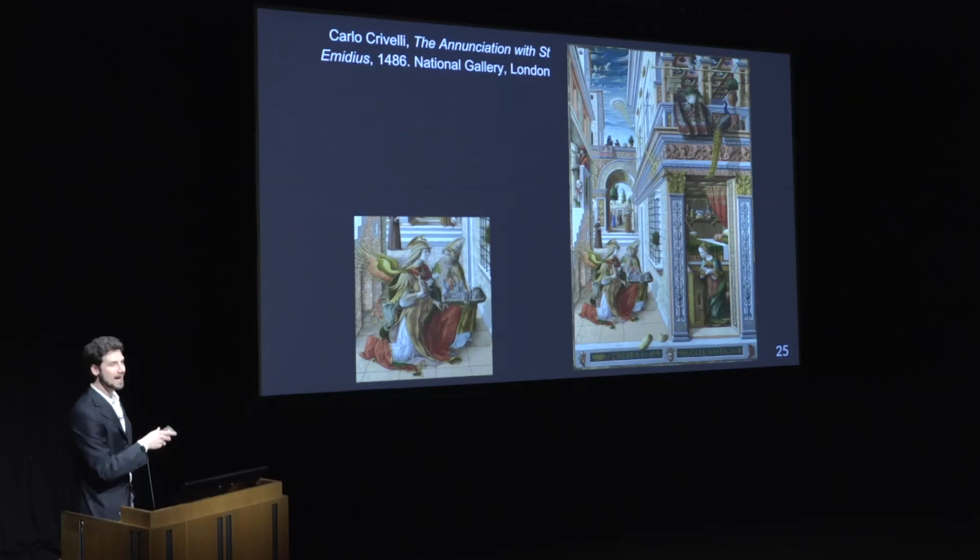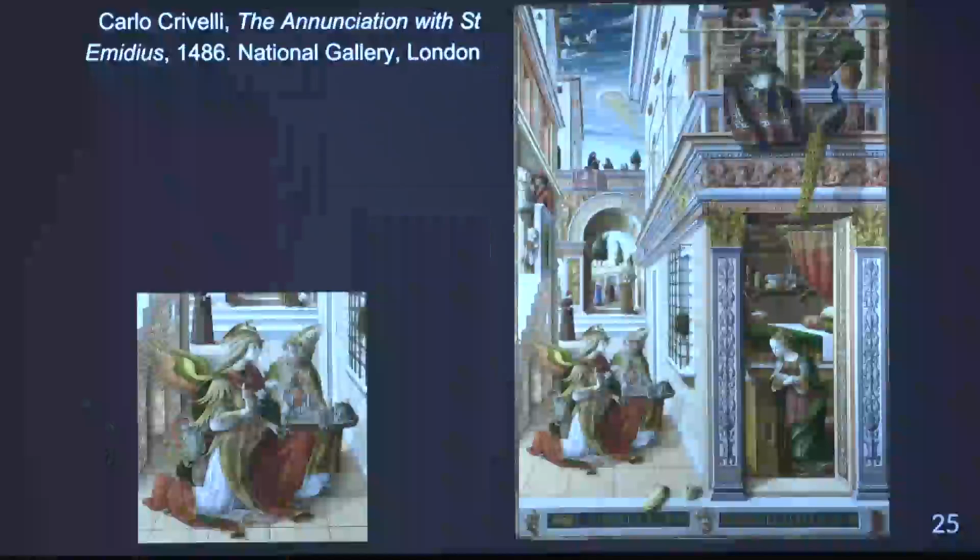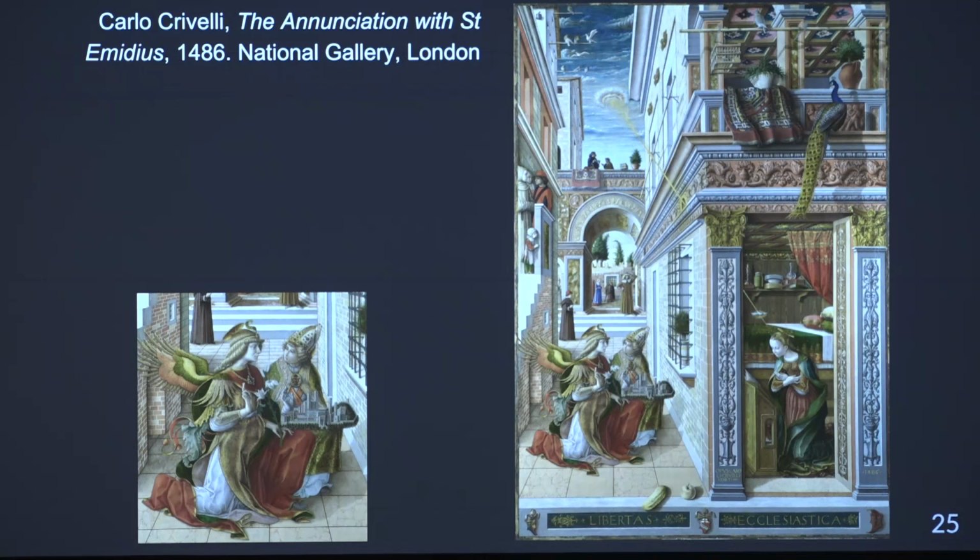Here we go. We got the angel just there, right in the middle, opposite to the Virgin Mary, with the usual lily, symbol of purity. But with the angel, we have another character, which is definitely not part of the story, the bishop, Sant'Emidius. And he's holding the model of a city, the city of Ascoli.